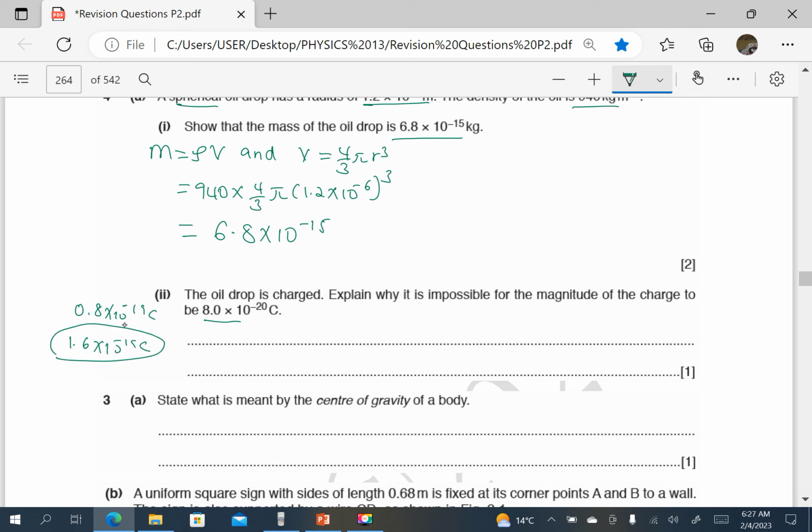And we know that 1.6 times 10 power negative 19 coulombs is the minimum charge. So it is not possible for the charge to be 8.0 times 10 power negative 20 coulombs.